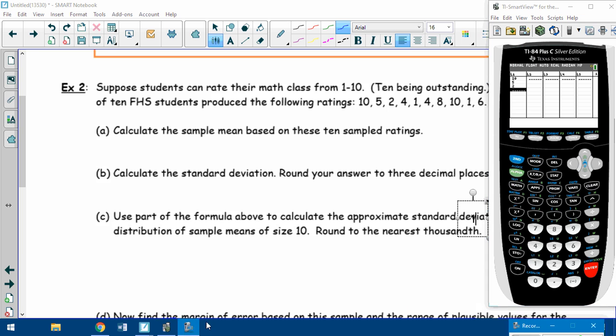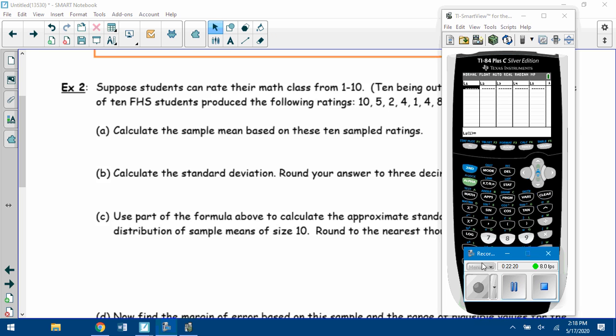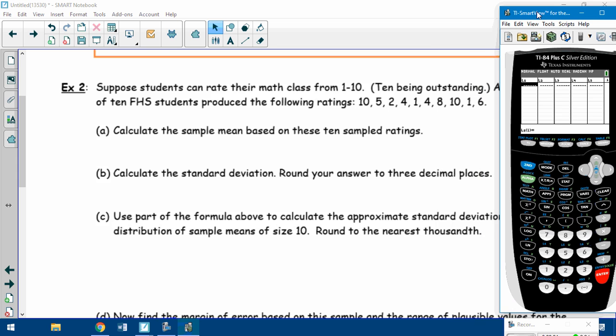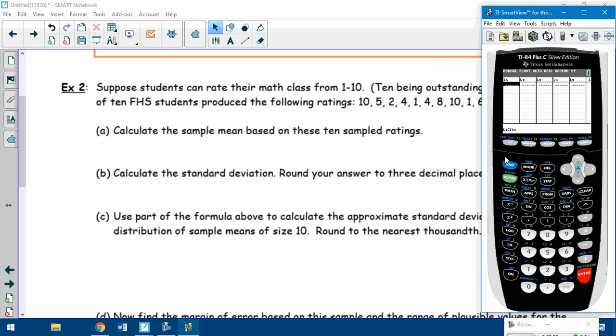Hang on a second. All right, sorry, I think my calculator froze there. Let's try this again. We're going to put in 10, and then 5, 2, 4, 1, 4, 8, 10, 1, and 6.